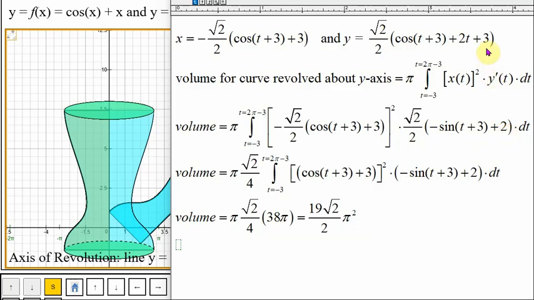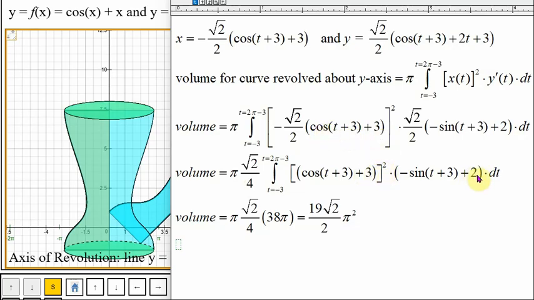And then, of course, the derivative for 3 will be 0. And then notice right here we have negative square root of 2 over 2 squared, which is 1/2. And then 1/2 times the square root of 2 over 2 is going to be the square root of 2 over 4. And then what's left is just this right here.